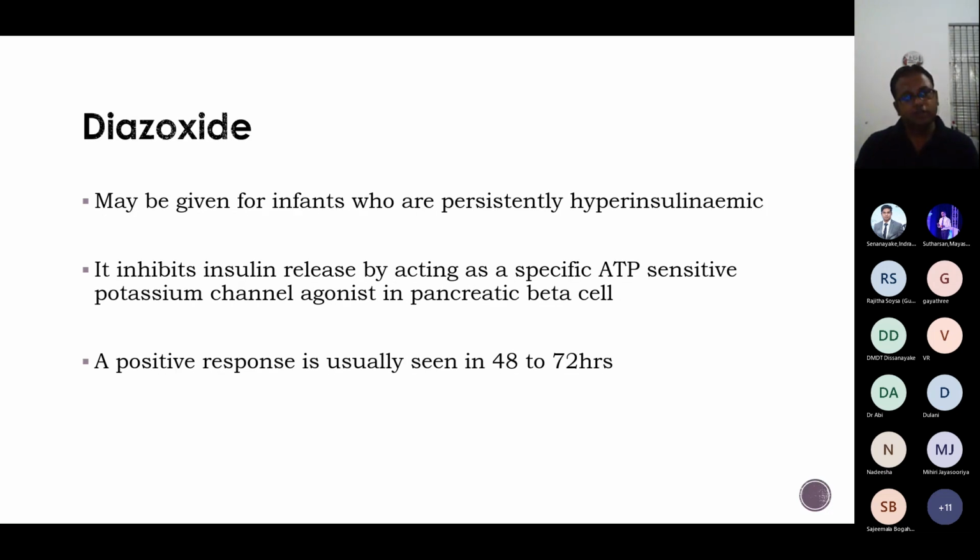And diazoxide is another drug we can use. It can be given for infants who are persistently hyperinsulinemic. It inhibits the insulin release by acting as a specific ATP sensitive potassium channel agonist in the pancreatic beta cell, right? However, it takes around 2 to 3 days to act.